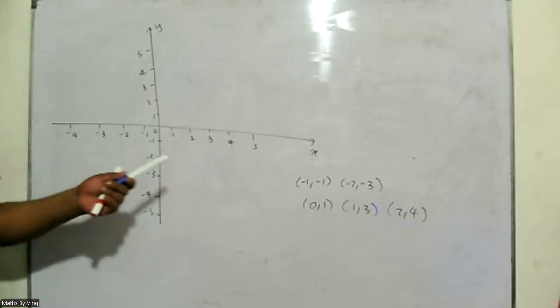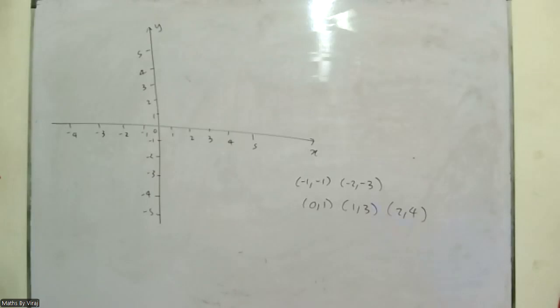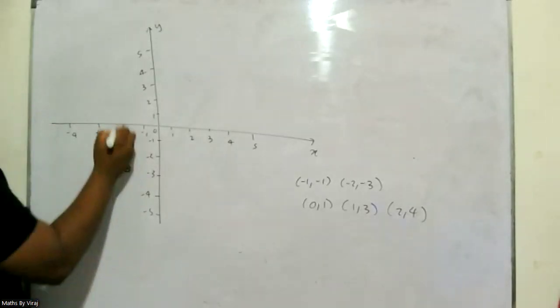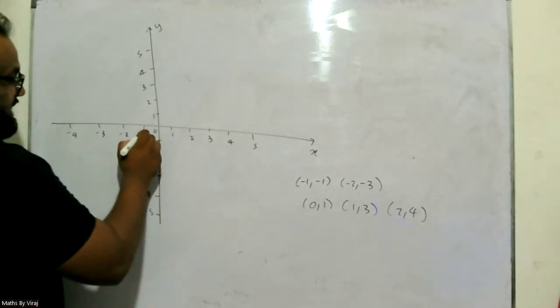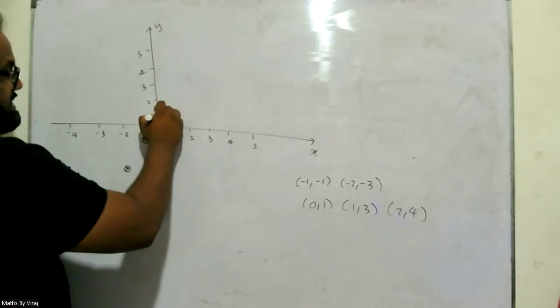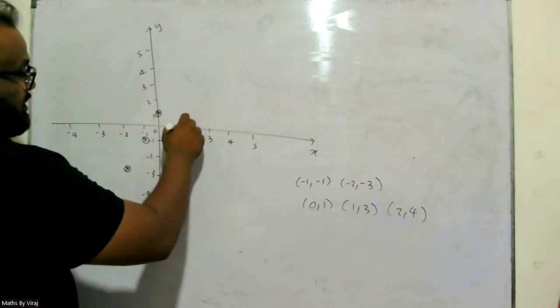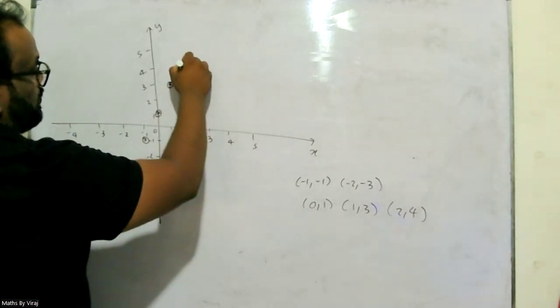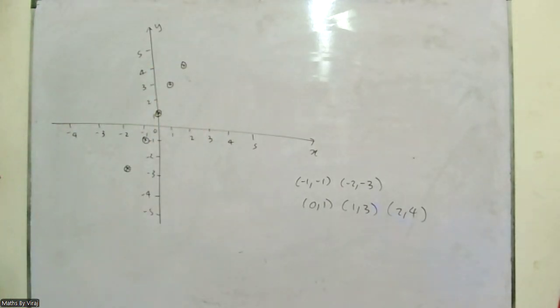Now I have a set of coordinates here: -2, 3, -1, -1, 0, 1, 1, 3, 2, 4.